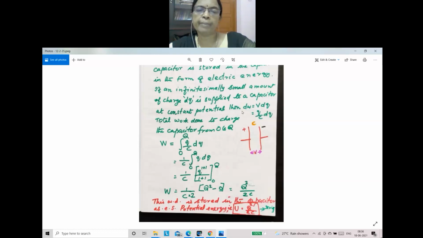Therefore, the total work done to give a charge capital Q to the capacitor is obtained by integrating, integral 0 to capital Q, Q by C dq.